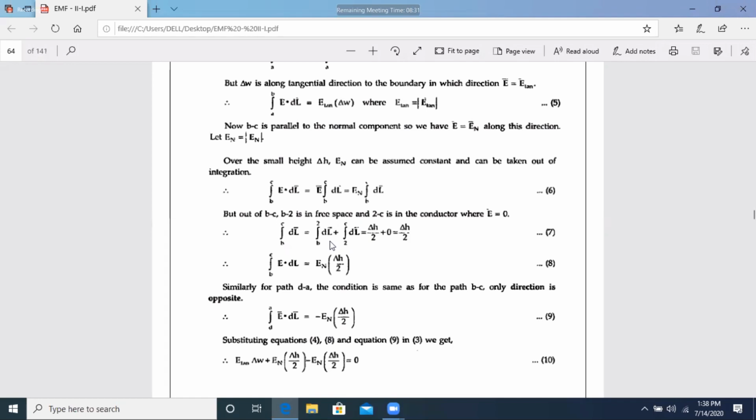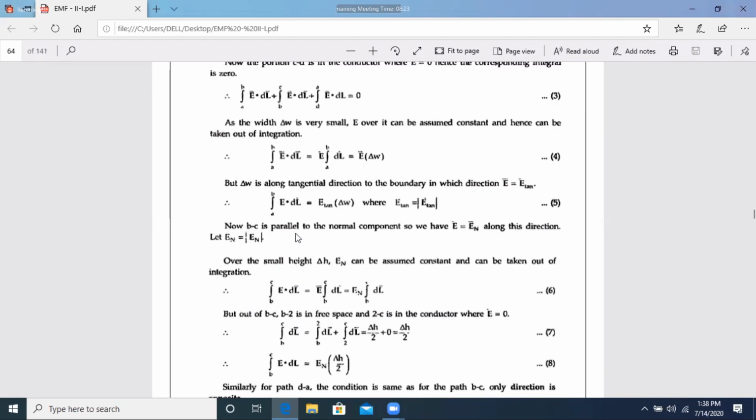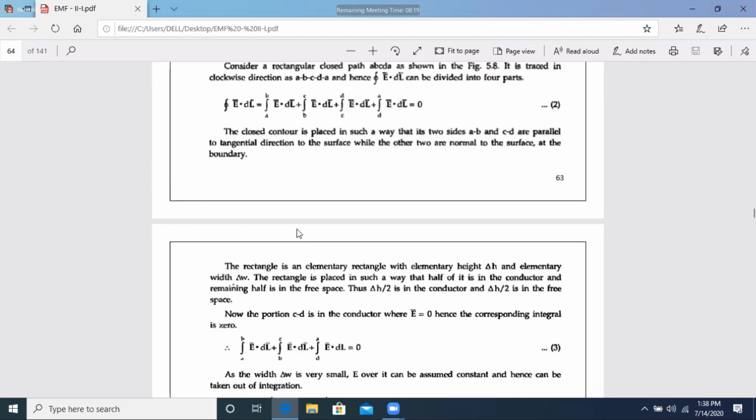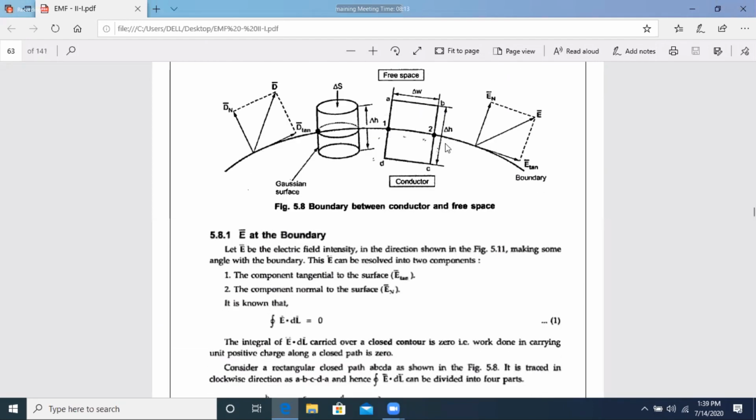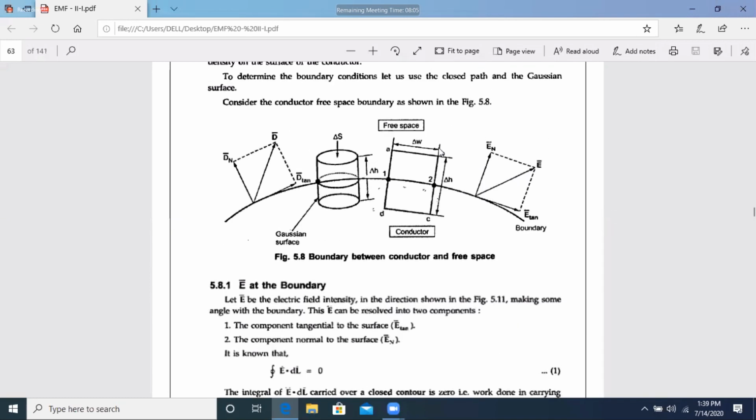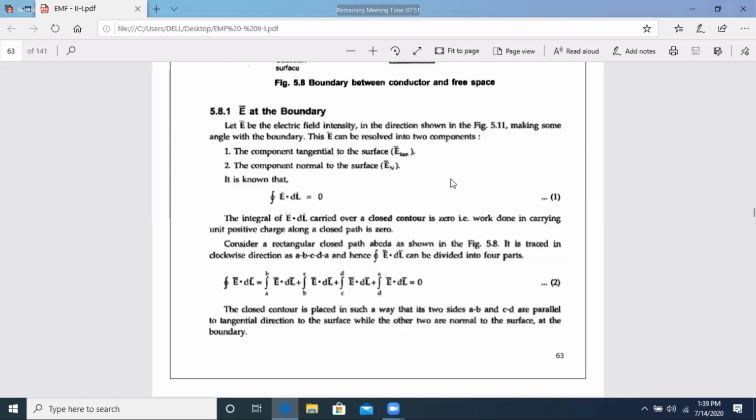B to C, dl is E normal times delta H, which is almost 0.